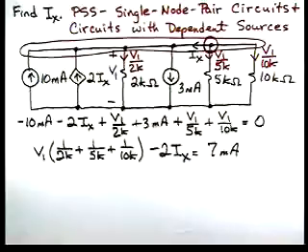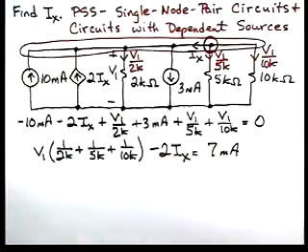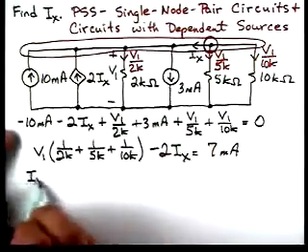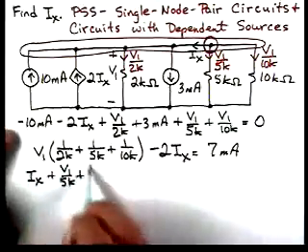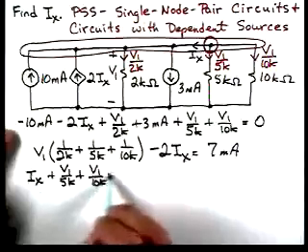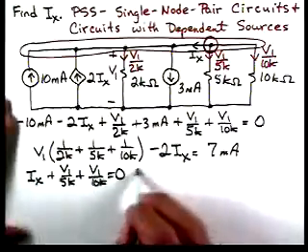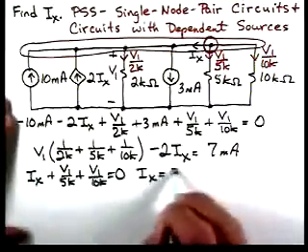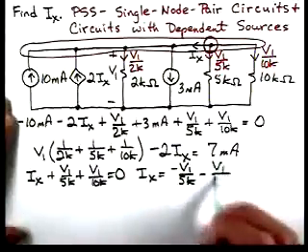Okay, and I'm going to sum currents leaving that node, and if I do that, I'll have Ix plus V1 over 5K plus V1 over 10K, and by Kirchhoff's current law, that has to be 0, so I sum currents leaving that node. So now we get Ix is minus V1 over 5K minus V1 over 10K.